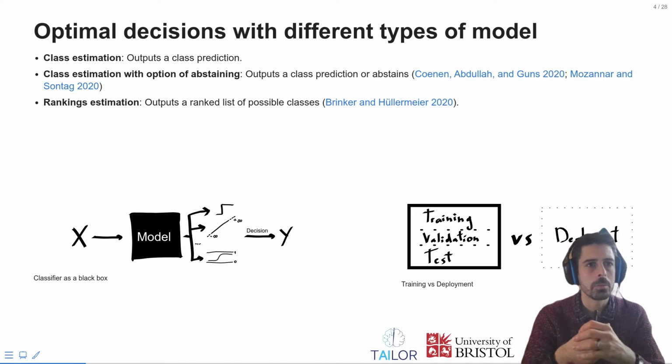Other models are able to output rankings on the available classes, in the sense that the distance between the different classes is not meaningful, but there is a certain expected order on them.